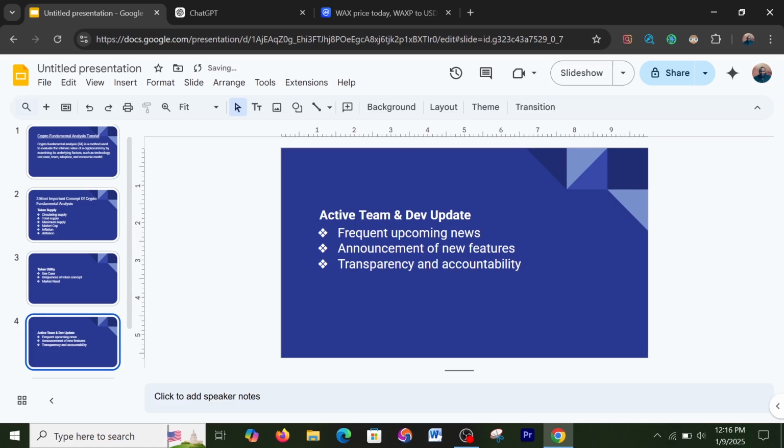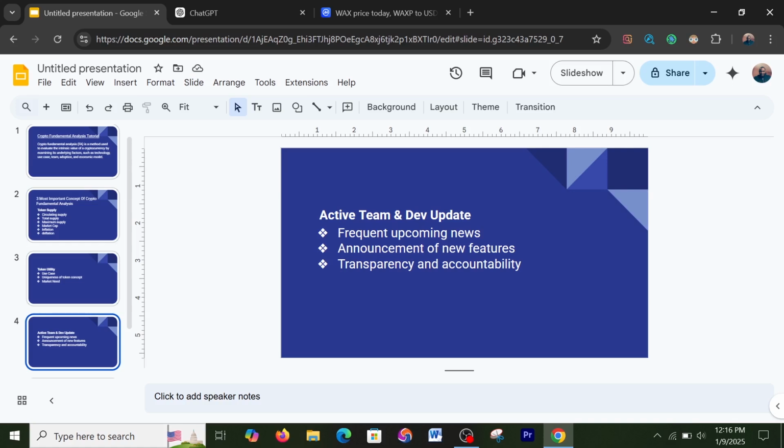The third component you should check is an active team and steady development update. The team should be a strong team, and the team should keep giving information about what it's building, the latest features it's building into the ecosystem of the token. There should be frequent upcoming news about the token. There should be announcement of new features.